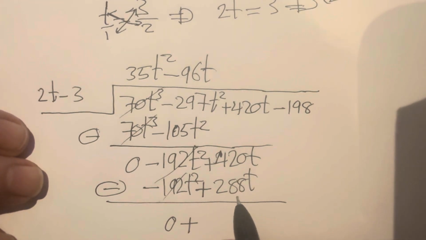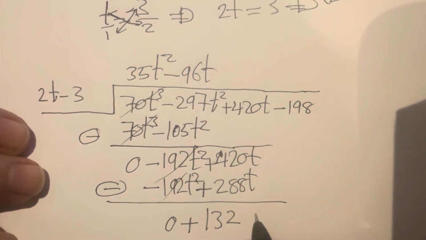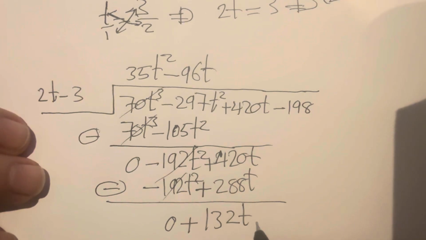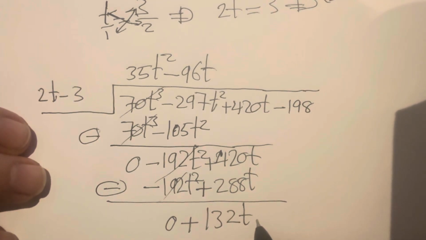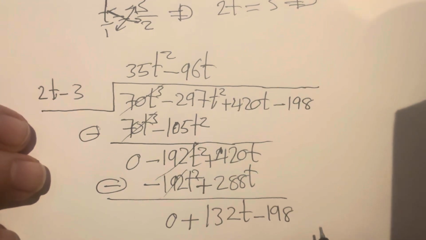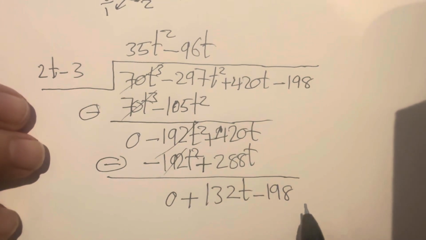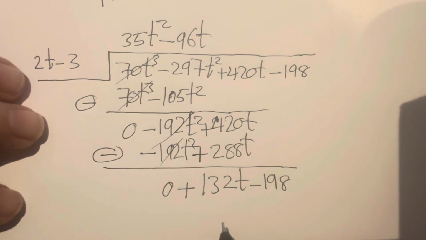and we get 132t. We take down minus 198.